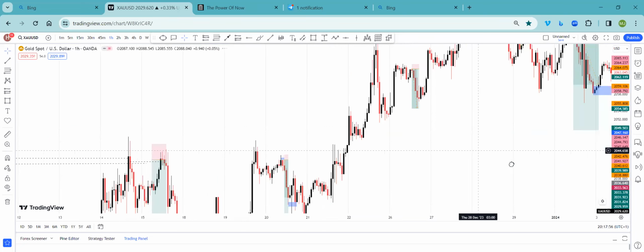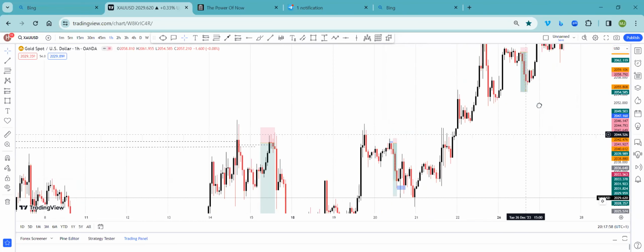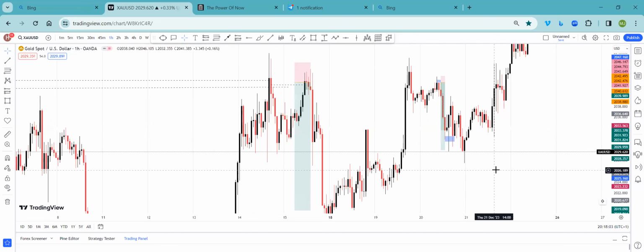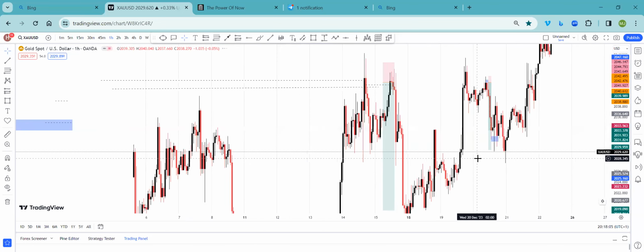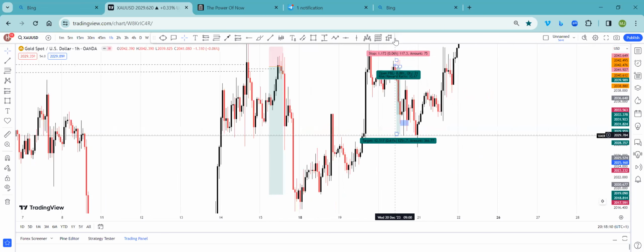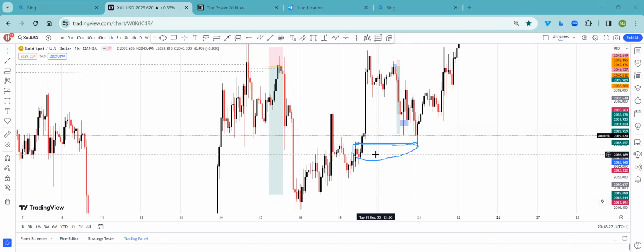Let me give you more clear examples as well. Now look at this level here. Why did the market buy from here after the retracement all the way? Because of the equilibrium level here. Once the market already approached that equilibrium level, once the inefficiency has been filled, once the imbalance has been filled, that is what I call it.